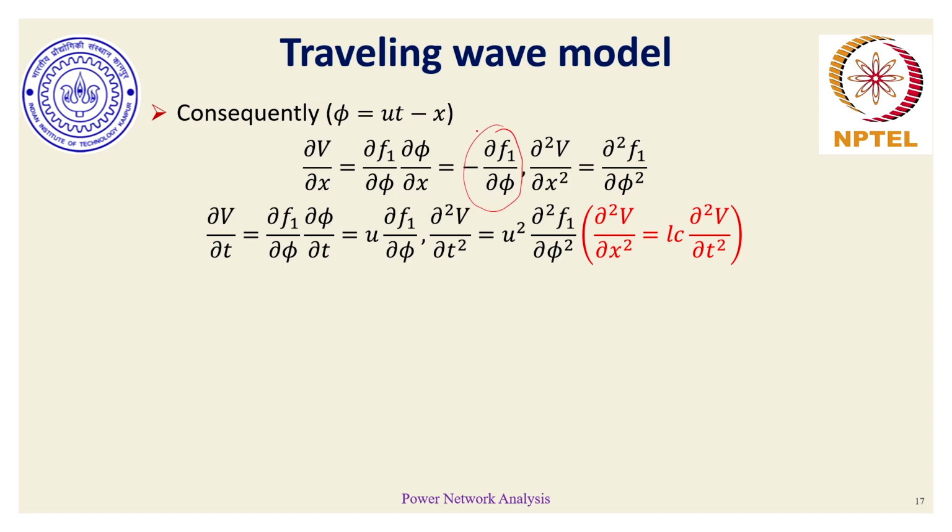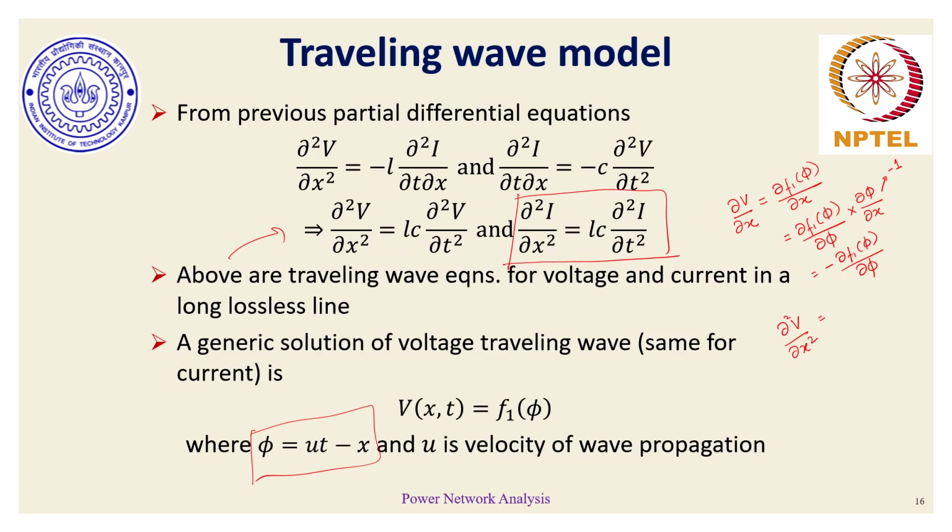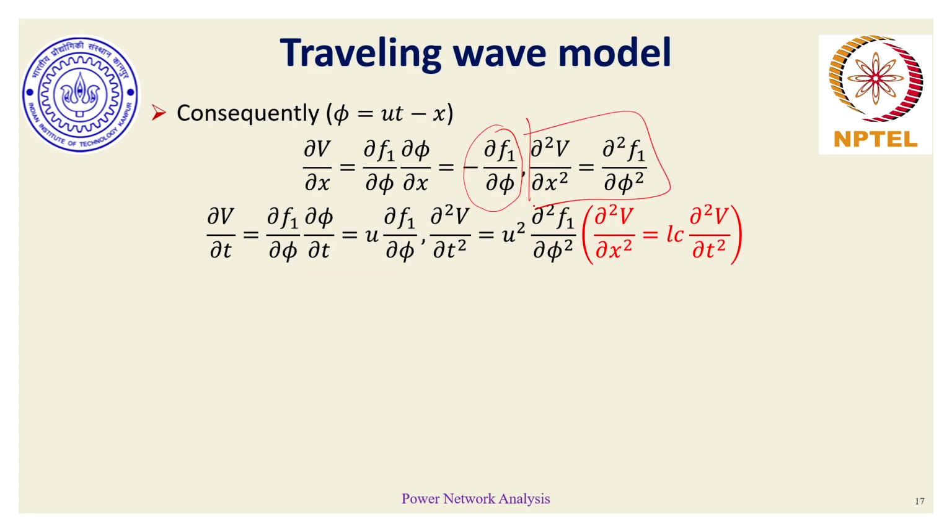If I take one more derivative, then I have minus del of del F1 by del phi with respect to x, which can be rewritten as minus del square F1 by del phi square into del phi by del x. Del phi by del x is equal to minus 1, the minus signs cancel, and that's how I get the second equation. On similar lines, I can take the time derivatives and arrive at the final time derivatives.